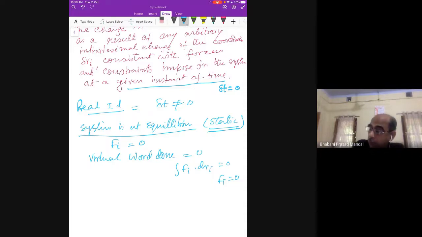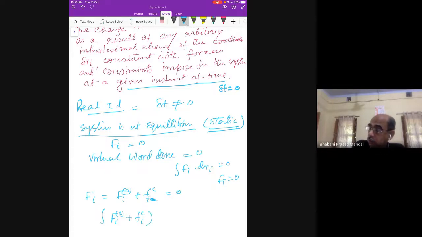But the total force can be the applied force plus the force of constraint on the ith particle. So I can write this summation as Fi, the applied force, plus the force of constraint, but this total force is 0, right?